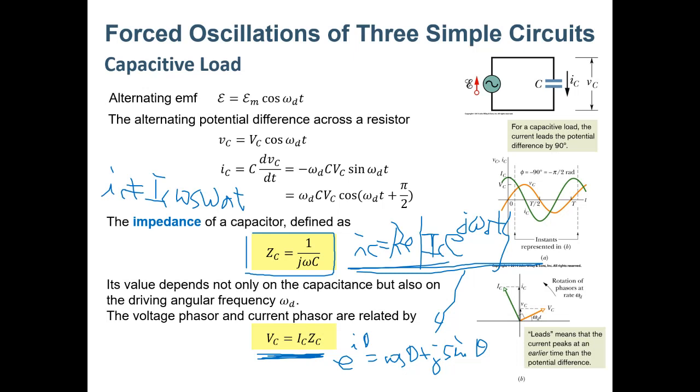Okay, so before we move forward, I can talk a bit more about Euler's equation. Actually, Euler's equation is cosine theta plus i sine theta, or j sine theta.